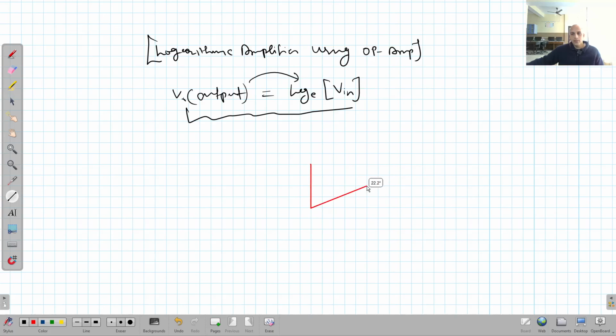We have taken an op-amp here. This is the output terminal. This is one input. This is the other. It is going to be at virtual ground.